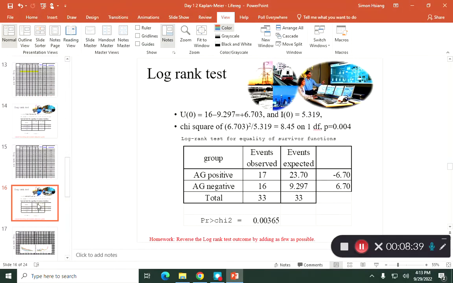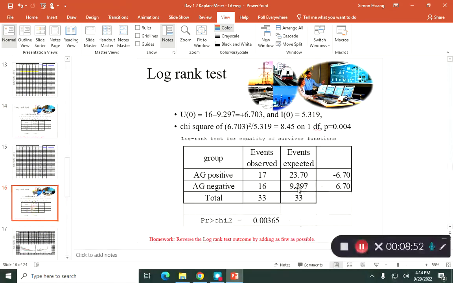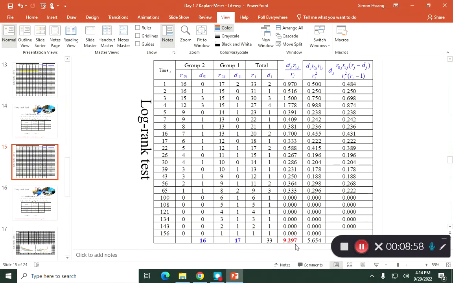Okay? So if this is 17, and here, what I'm trying to say is this. This 9.2 is how I measure it, right? Based on this table, total is 9.2. See the red?